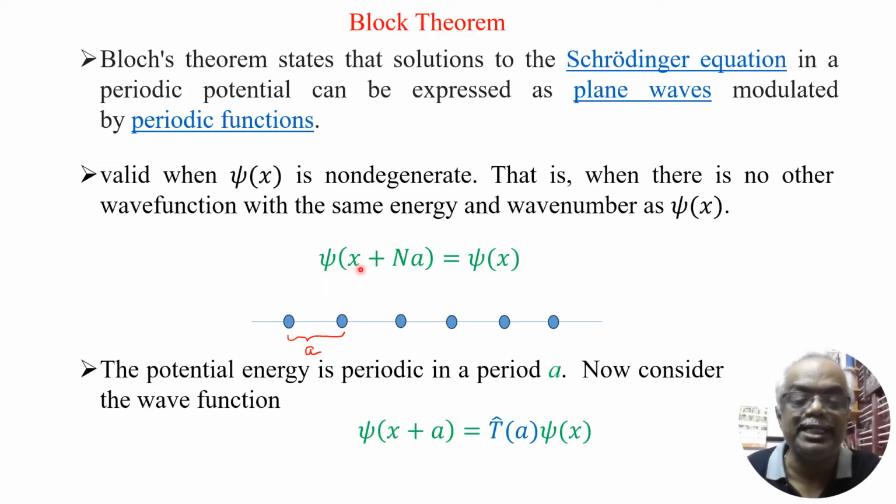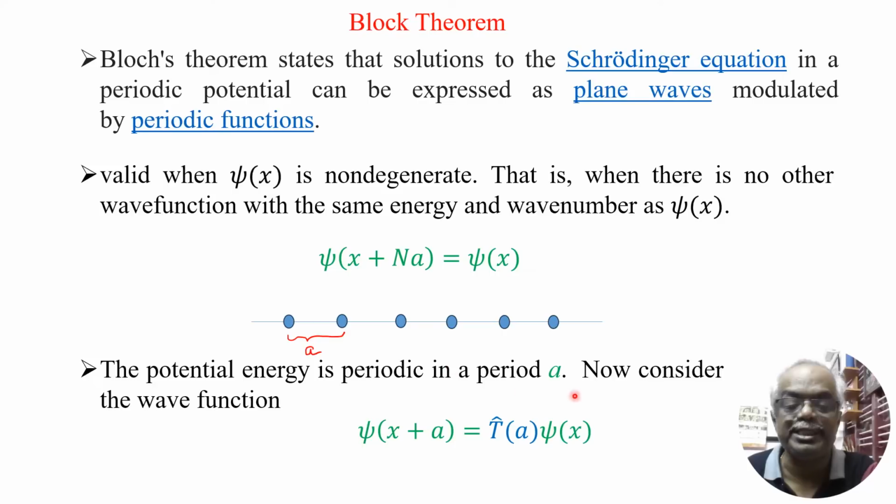So psi of x plus n A, where n indicates a number and A is the distance between two atoms, is equal to psi of x because it's symmetrical. The wave function will be the same in every case, irrespective of which atom you are selecting, because it has periodicity. The potential energy is periodic with period A.